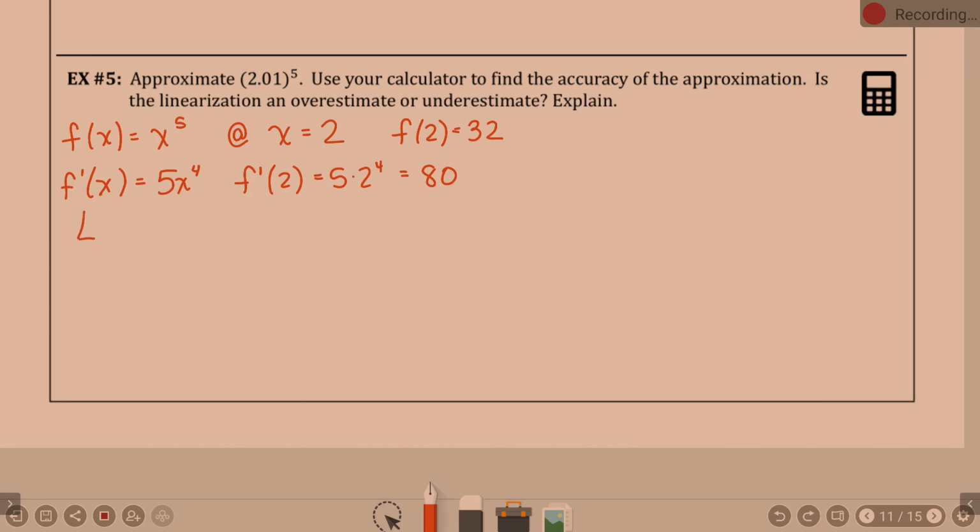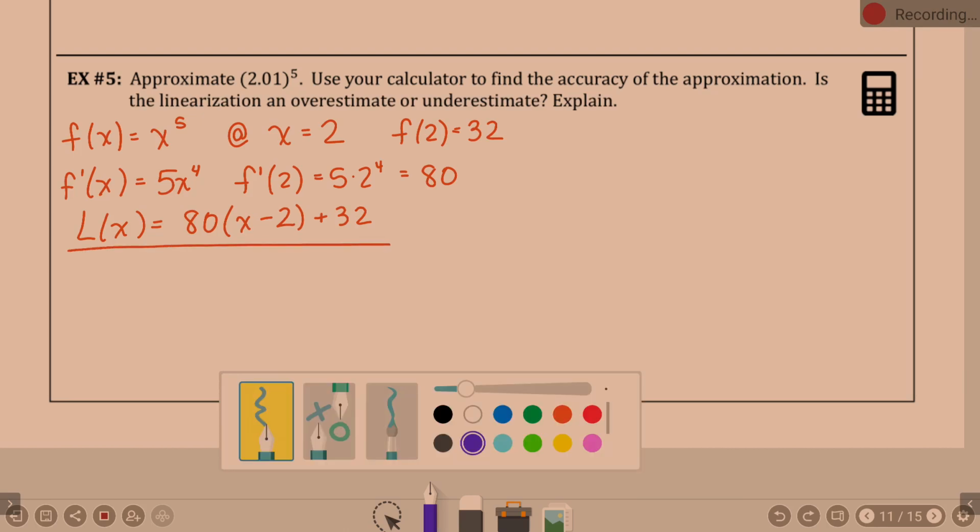So what is my linearization? In other words, my tangent line is going to be L of x equals 80 times x minus 2, plus 32. Yes? Okay. So that is our linearization, our tangent line, however you want to say it.